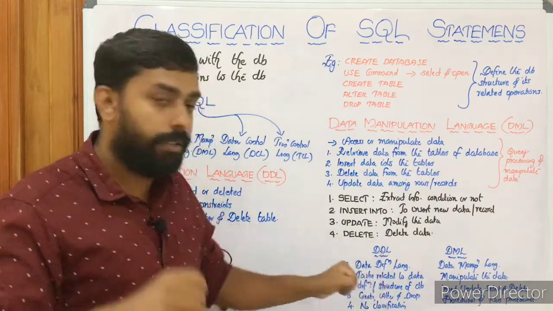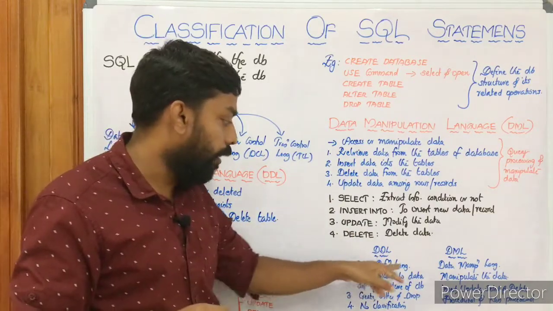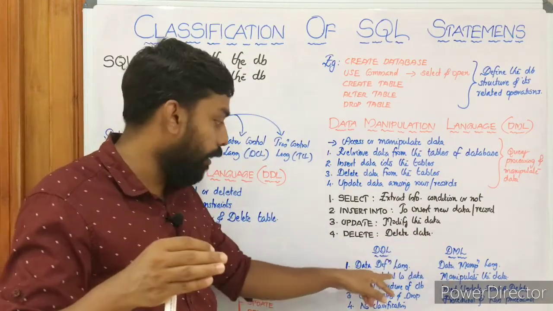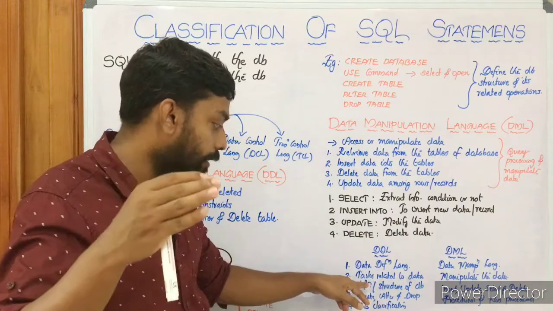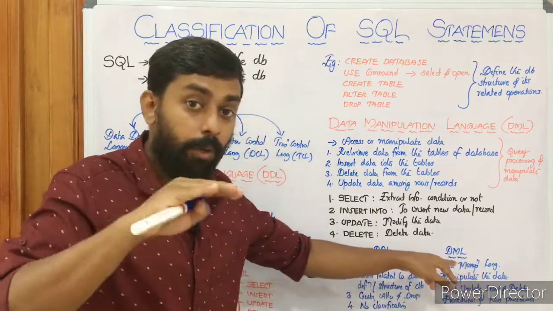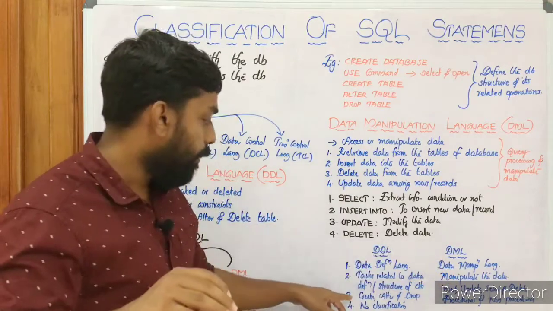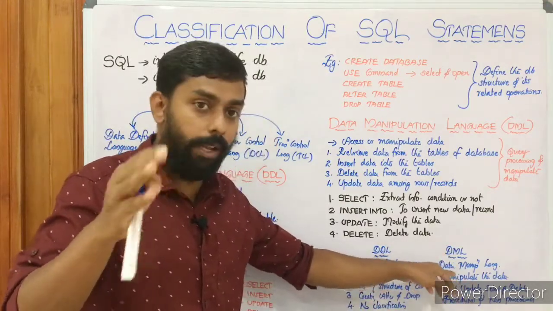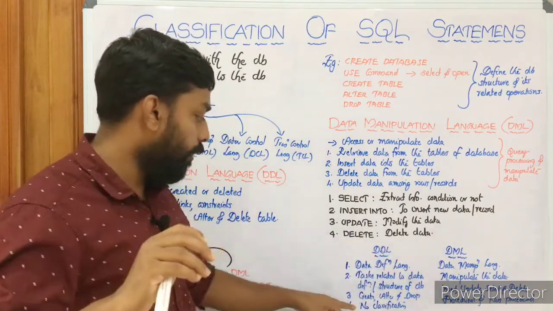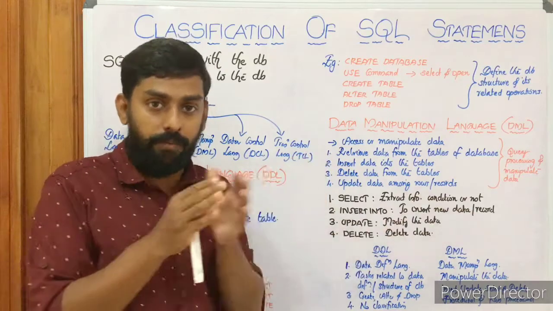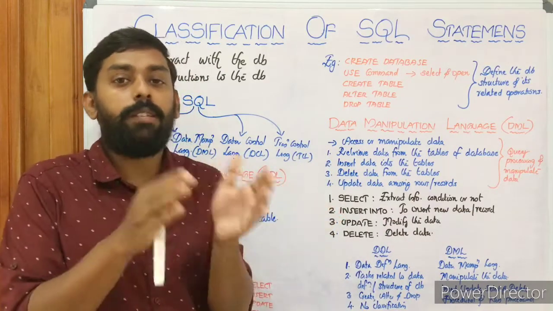Then the differences between DML and DDL. DDL, data definition language, and DML, data manipulation language. DDL tasks are related to the structure or definition of the database, but DML is purely related to data manipulation. Create, alter and drop are the DDL commands, and update, insert, delete and select are the DML commands. There is no further classification for DDL, but we have further classification for DML: procedural and non-procedural.